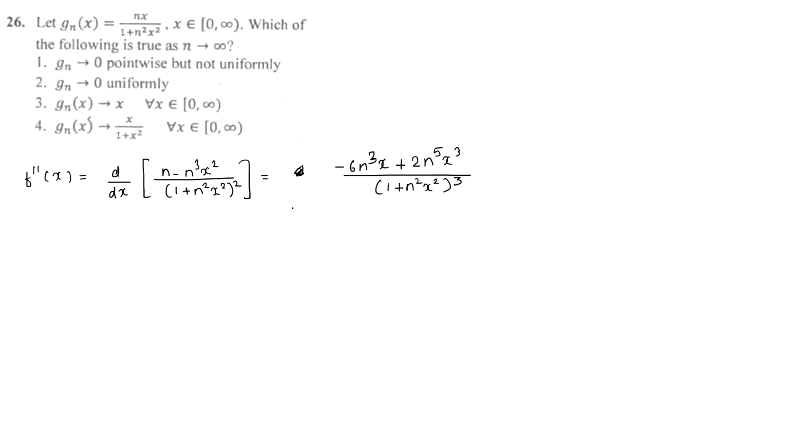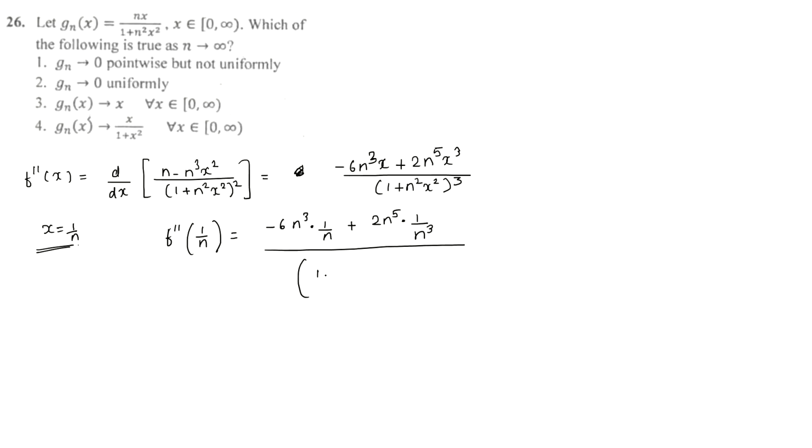Now we have to evaluate whether at x equal to 1 by n, the function is attaining its maximum or not. So for that, f double dash of 1 by n is equal to minus 6n cube into 1 by n plus 2n raised to 5 into 1 by n cube divided by 1 plus n square into 1 by n square whole cube.